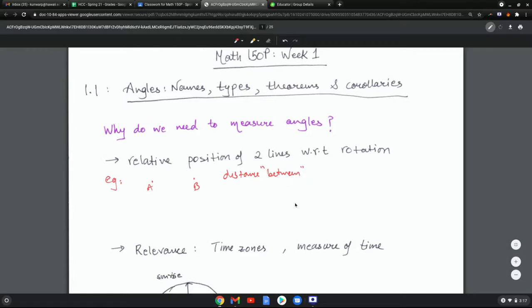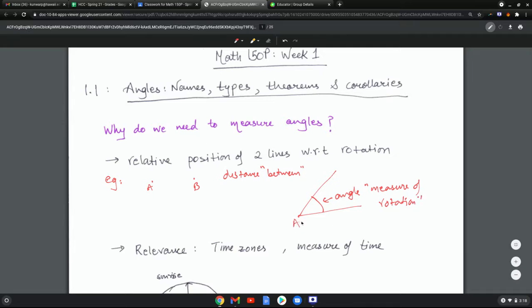So we use distance or length as a measurement to say how far one point is from the other point. And in the same way, instead of points, if we are to compare lines, then we can define something called angle, which you can think of as a measure of rotation.